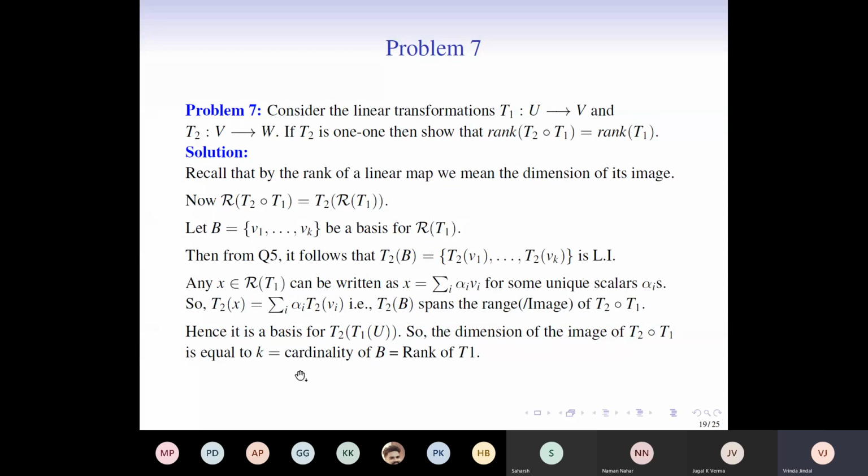So all these three things are equal. So the dimension of image of T2 T1 is the same as the dimension of image of T1, and that is what we had to prove.